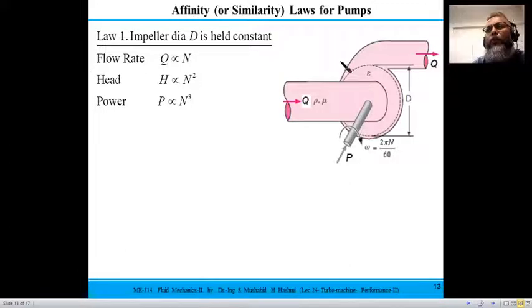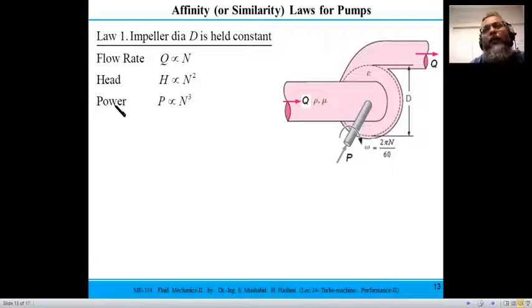We learned that once you fix your impeller diameter, so your geometry is fixed, then the more the RPM, the more will be the volume flow rate. It would be directly proportional. The head developed by that pump would be directly proportional to the square of the speed. Speed is the RPM here, revolutions per minute.